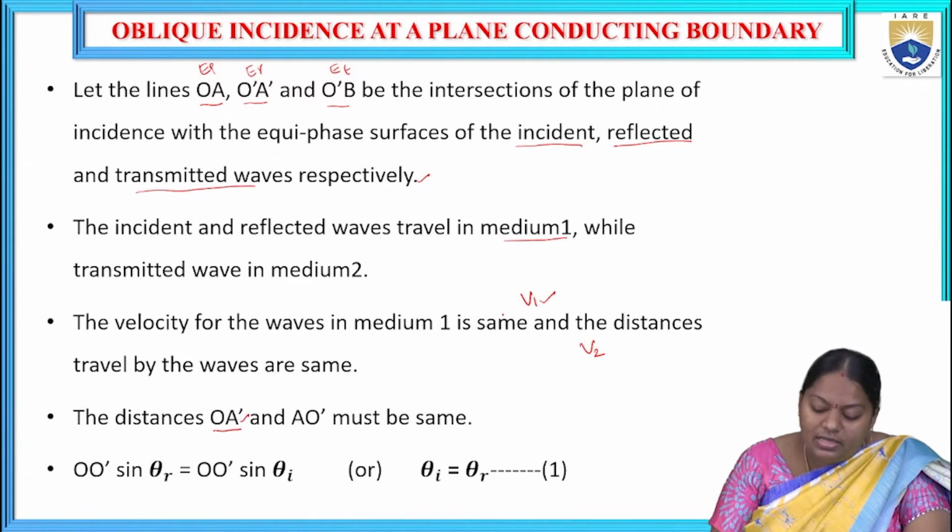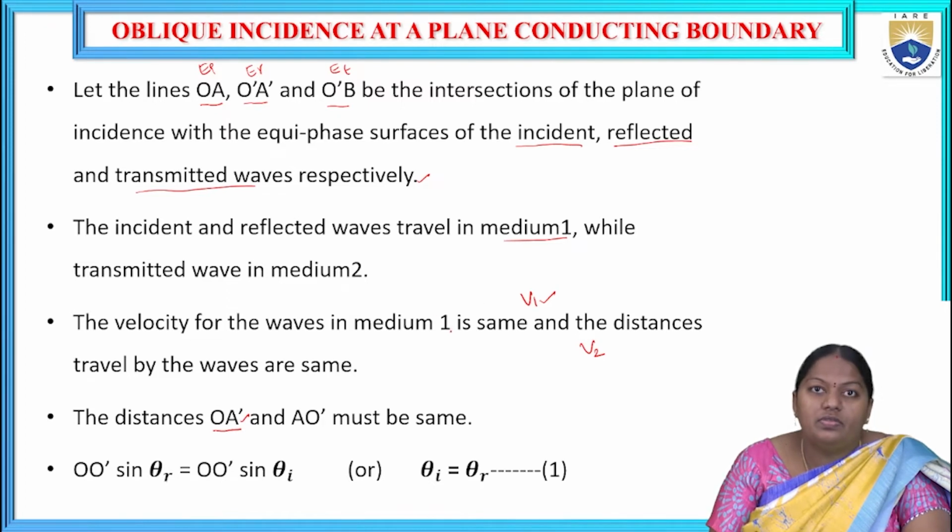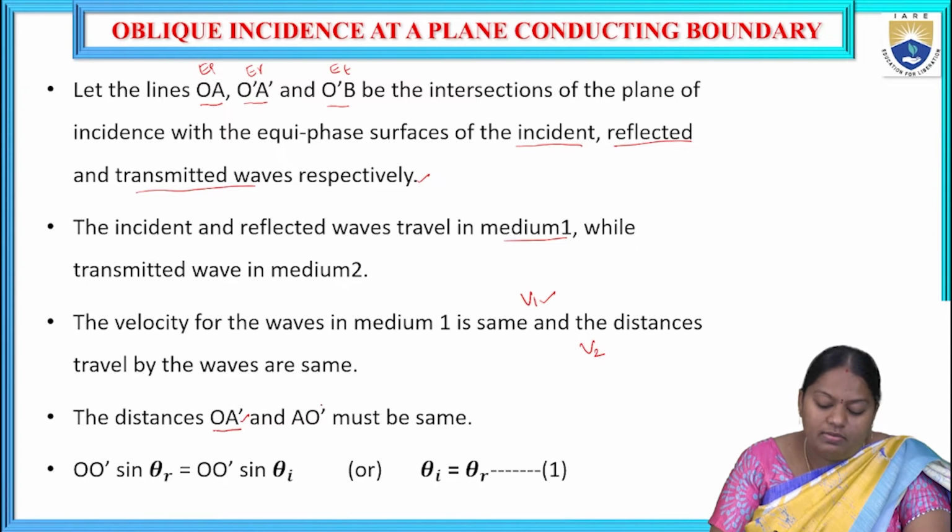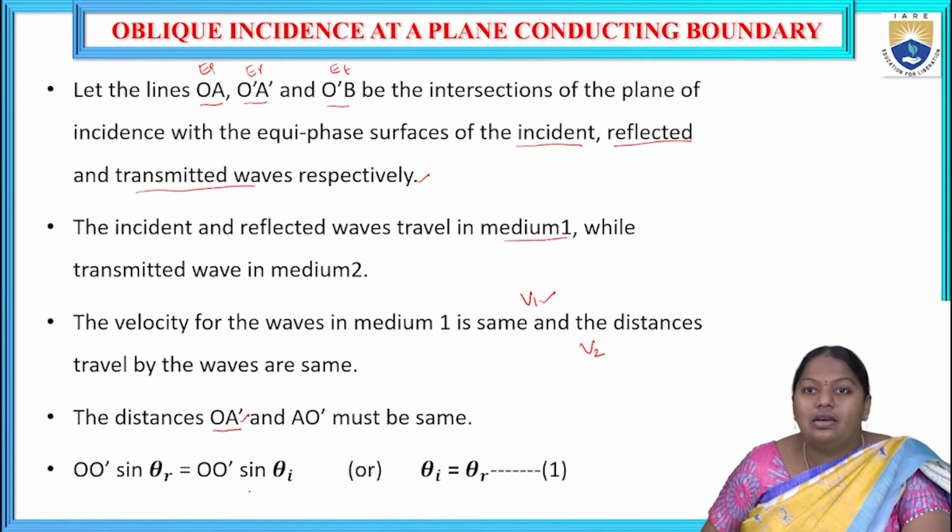Since the velocity for the medium 1 waves, incident and reflected, is the same, the distances traveled by those two waves are also the same. From those two, we can say that OO dash sine theta R equals OO dash sine theta I.